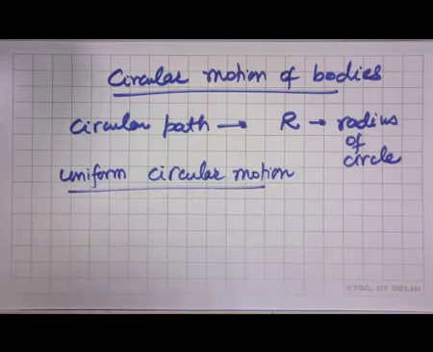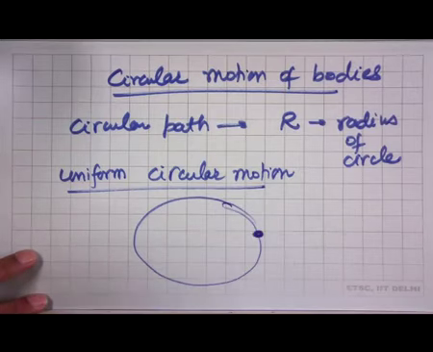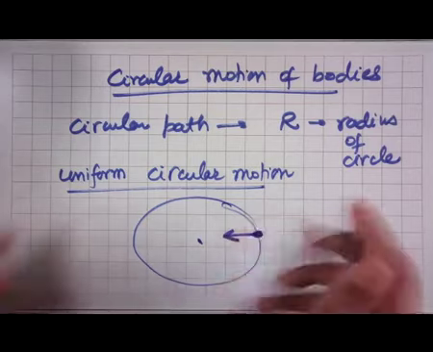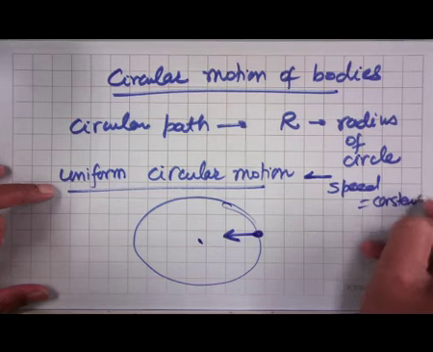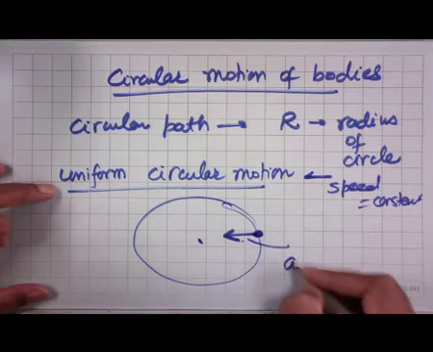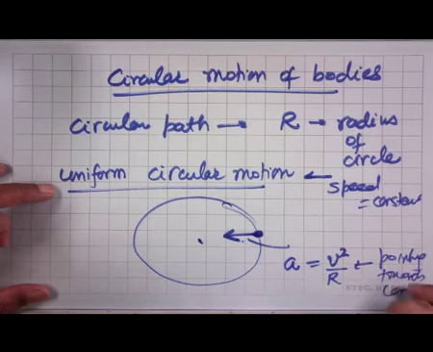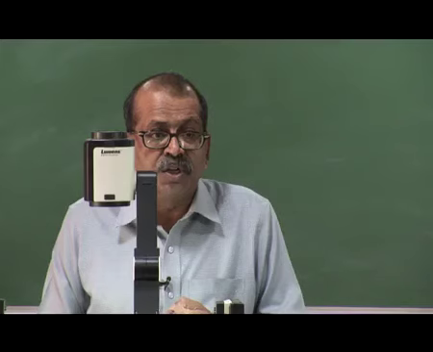In case of uniform circular motion, if you recall, what we had shown was that, if there is a body moving on a circular path at this instant, this is the center. Uniform circular motion means speed is constant. So, the acceleration of this particle is equal to v square upon r, pointing toward the center. And we realize as the particle moves in the circle, the direction of acceleration keeps on changing.